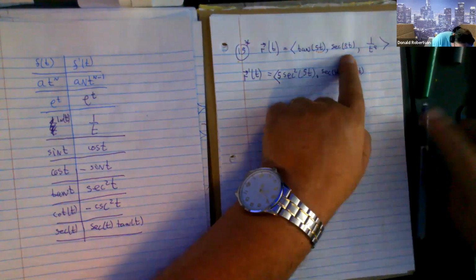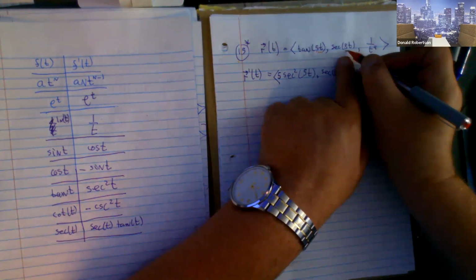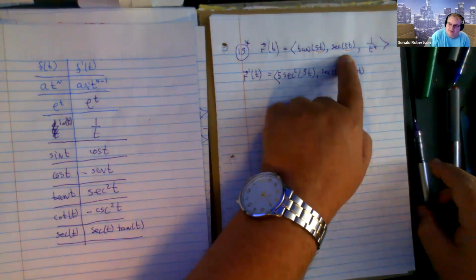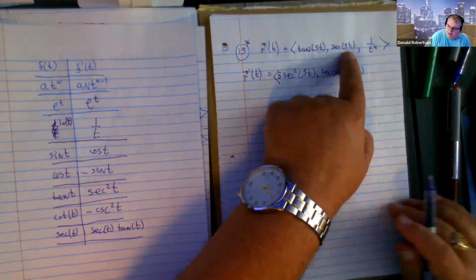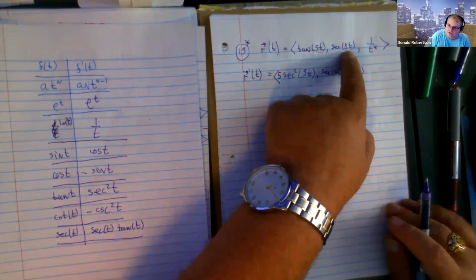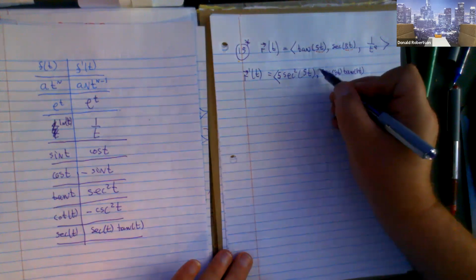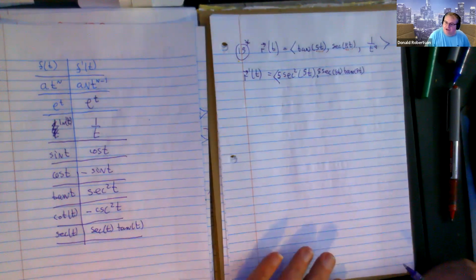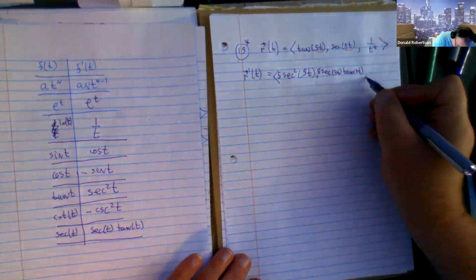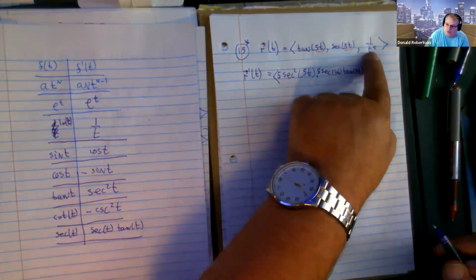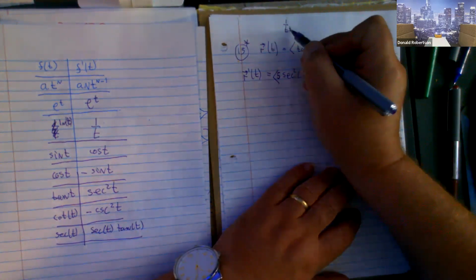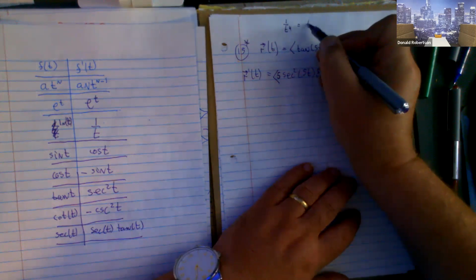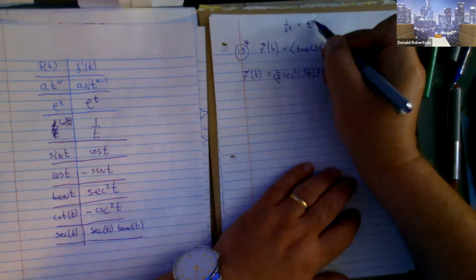times, well, because it's not just secant t, but the secant of 8t, it's a chain rule. And we always finish with times the derivative of the inside function. Well, derivative of 8t is 8, so that's why there's an 8 there. Now, if you want to differentiate 1 over t to the 4, you have to rewrite it as a power of t.